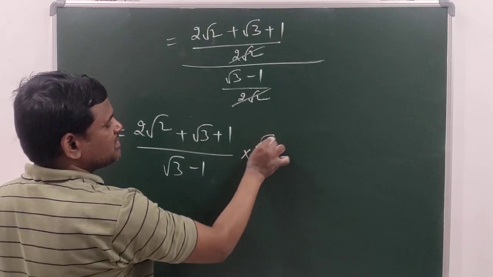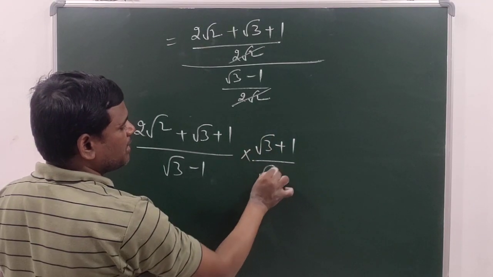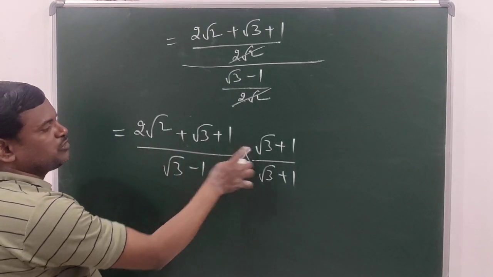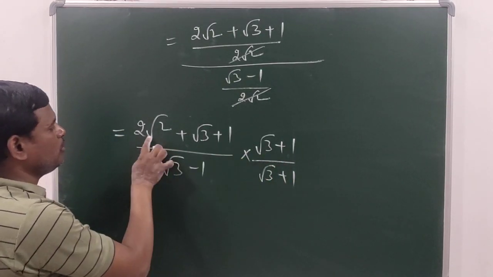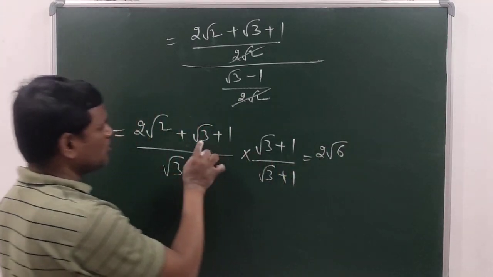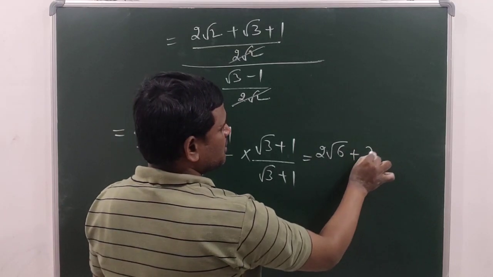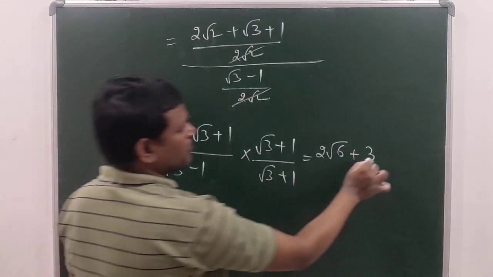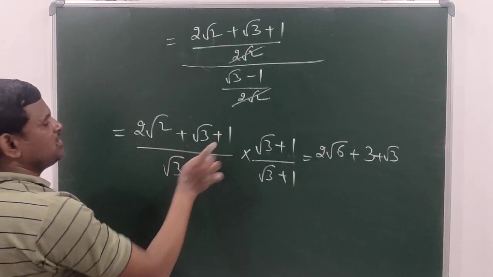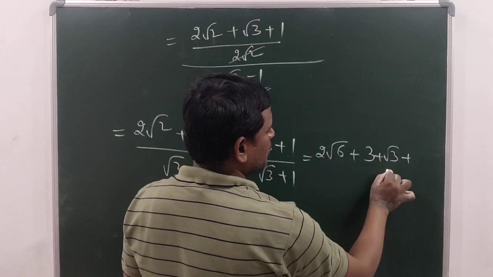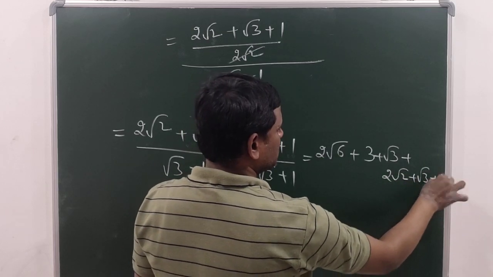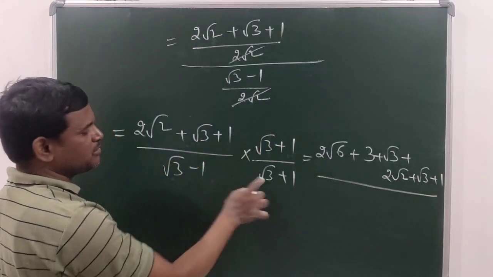Now rationalize the denominator, root 3 plus 1 by root 3 plus 1. Now multiply these 3 terms with these 2 terms, root 3 into 2 root 3, so you will get 2 root 6. Root 3 into 1, root 3. Now 1 multiplied with these 3 terms, so that here you will get 2 root 2 plus root 3 plus 1, by down a minus b into a plus b.